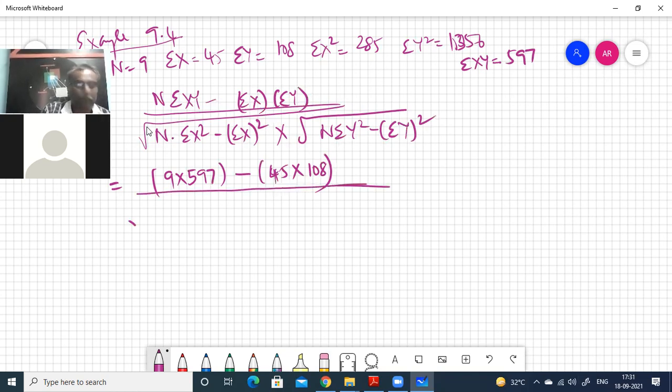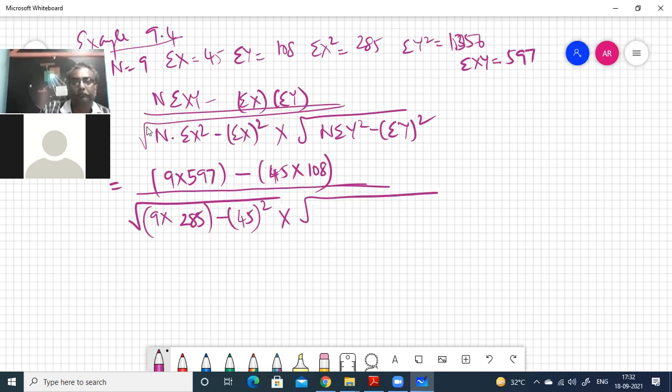Denominator is root of n, 9, into sigma x squared of 285, minus sigma x squared, so that's 45 squared, into again 9, into sigma y squared 1356, minus sigma y, 108 squared. This is all.